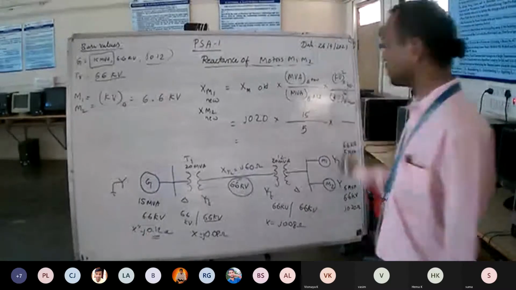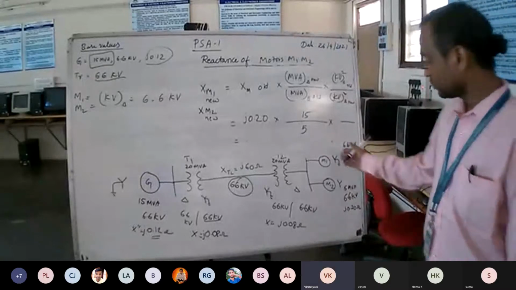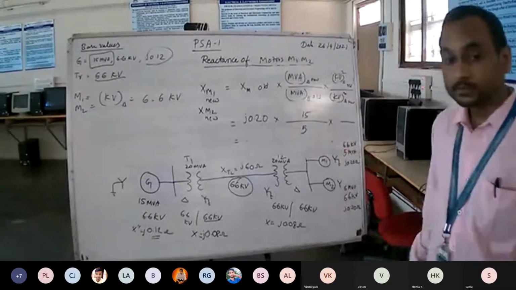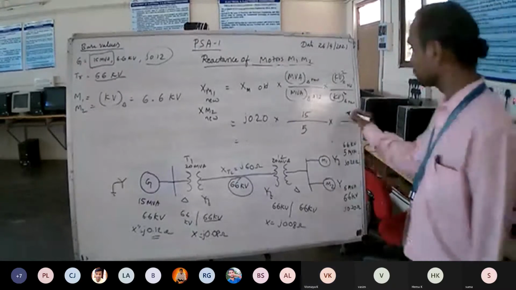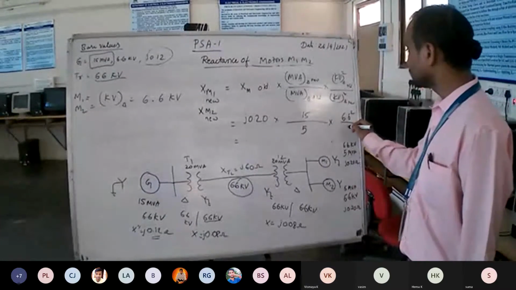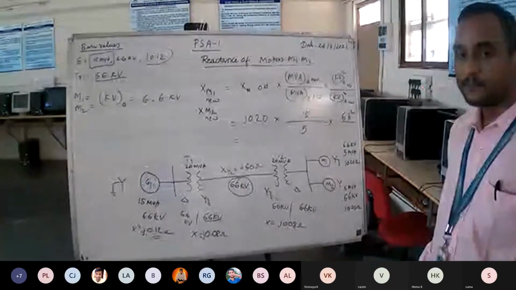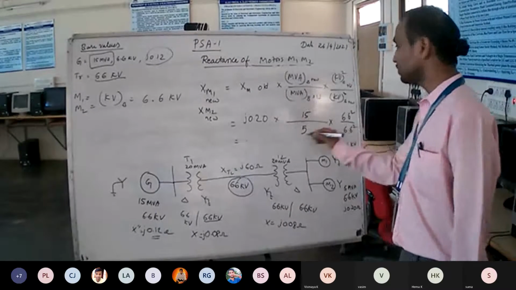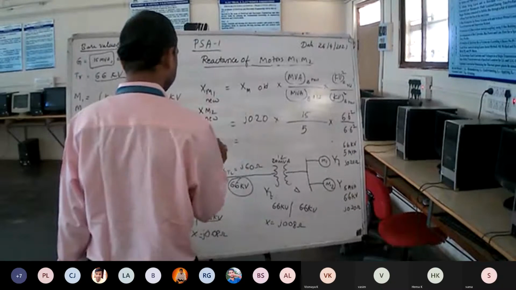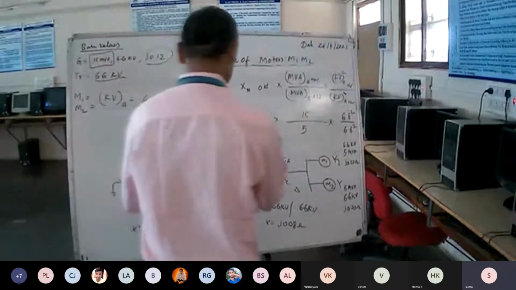And old KV base and new KV base for the motor? 6.6 kV. New? Same, sir. Calculate this one. XM1 and XM2 is j0.06.